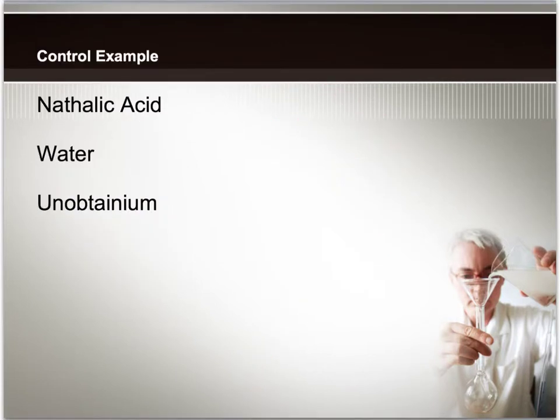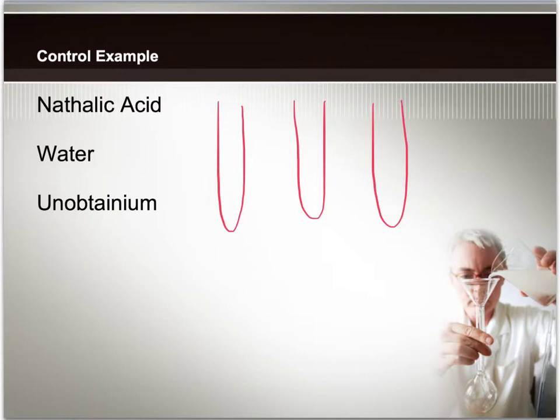Okay, so just to revisit this again, we have our 1, 2, 3 test tubes with our little bits of unobtainium here with our naphthalic acid. The only thing we have varied is the molarity. So we have 1 molar, 2 molar and 3 molar solutions.